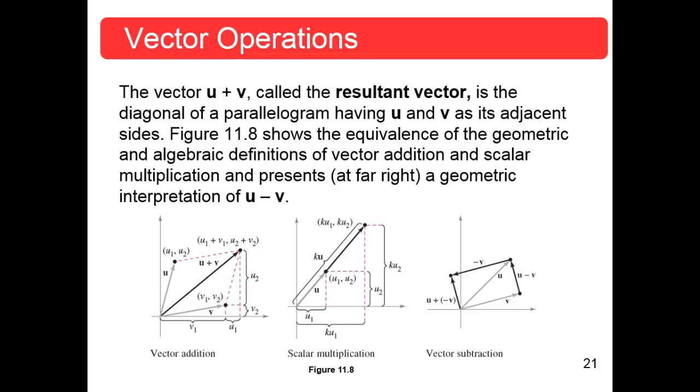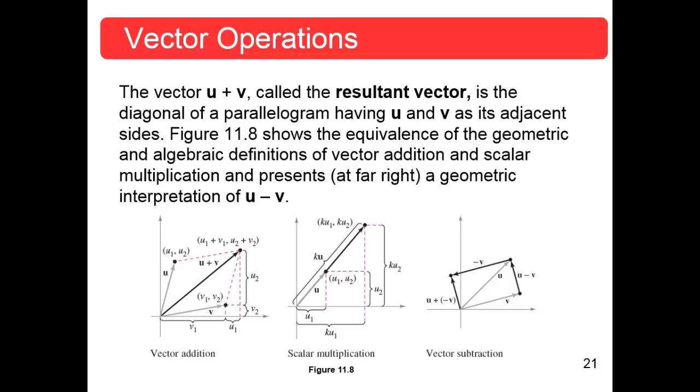It looks to be between 2 and 3, maybe. You're scaling up u by k, and that gives you ku1, ku2. Now, they're showing this as coordinates of points. You could also show it as components of vectors.